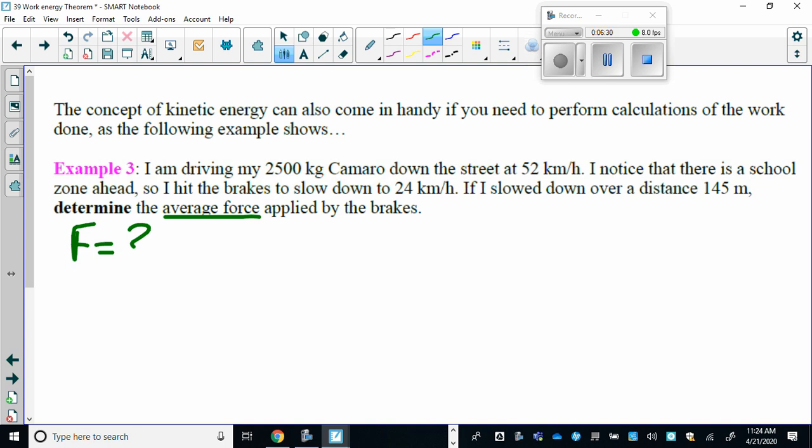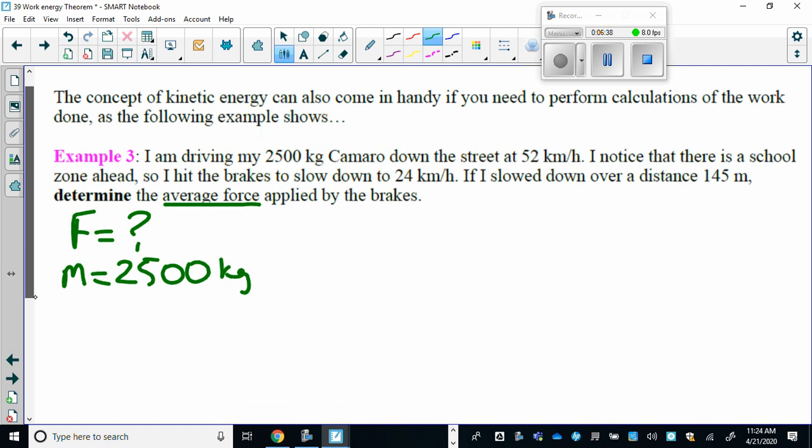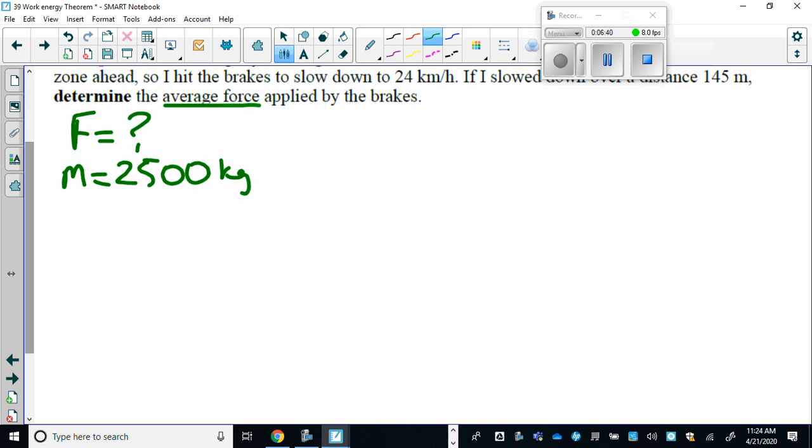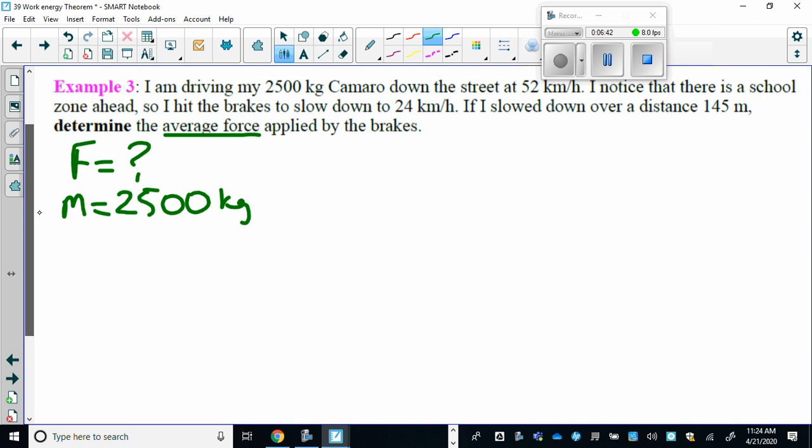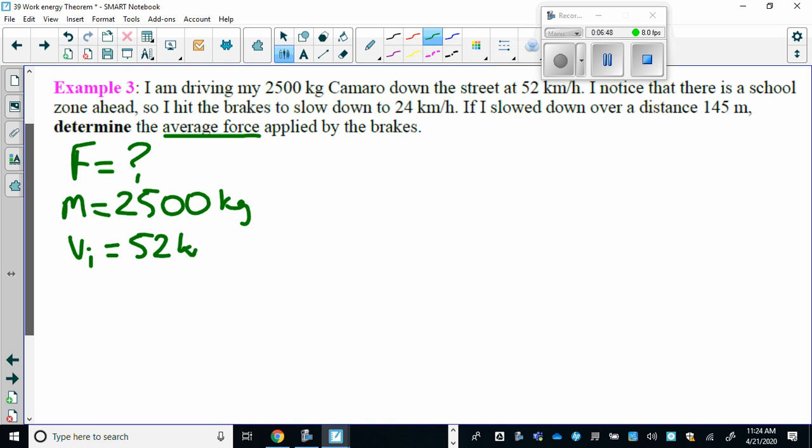So what they're looking for is the average force in this question. Let's write down what we have. We have the mass of the car. We have the initial velocity, 52 kilometers per hour, which if we convert it equals... I don't have my calculator here.